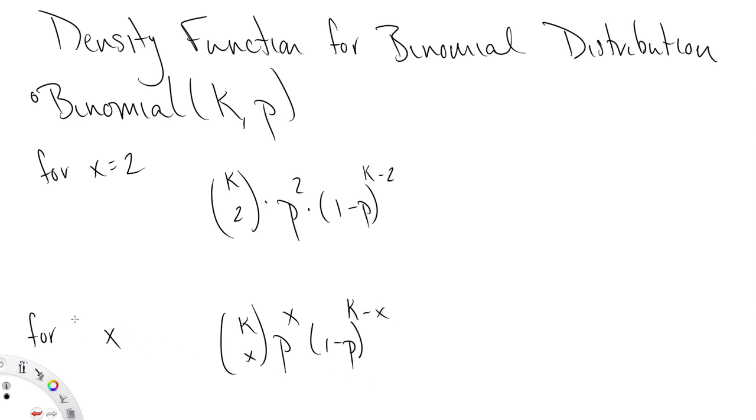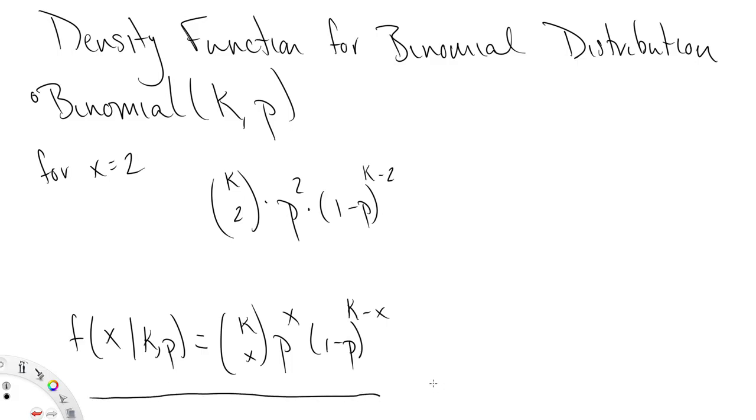And in fact, this is the density function for the binomial distribution written out generally in terms of k and p, for whatever integer k is and whatever probability we have of the underlying Bernoulli. So this is the most general density function for the binomial distribution.